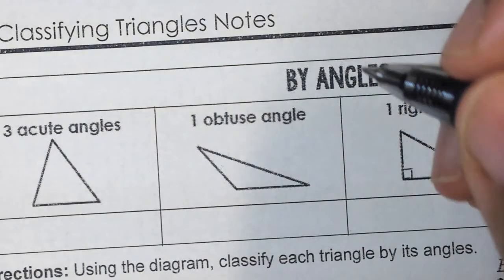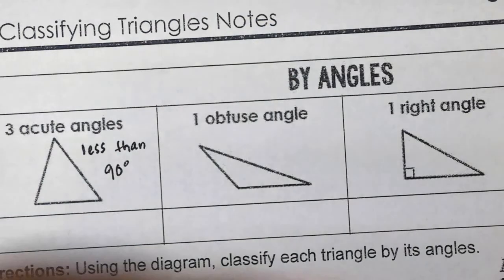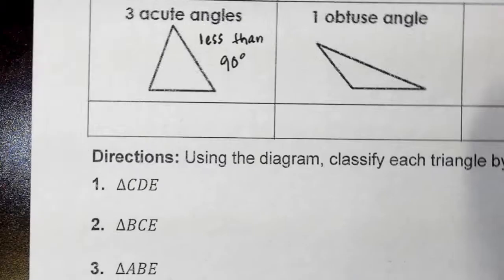If a triangle has three acute angles, acute meaning what? Anybody know what acute means? Yeah. So all the angles would be less than 90 degrees. And that's all three angles. You have an acute triangle. Acute.